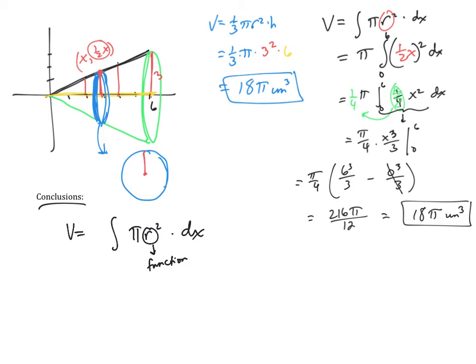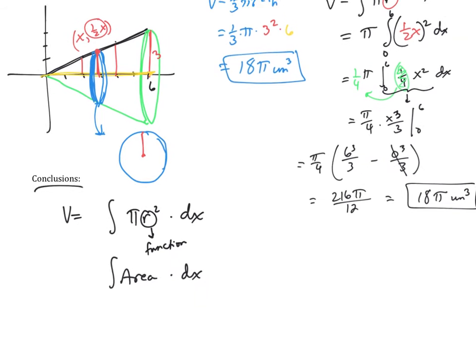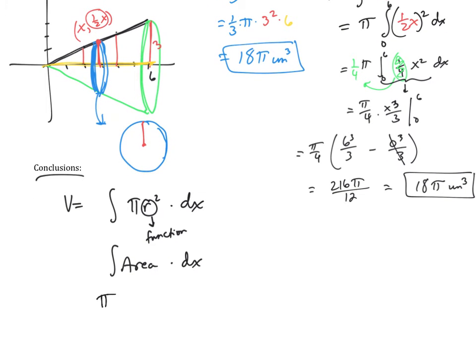Usually that's not just going to be a number. And really what we're doing is area times dx, area of my circle. So we could write that as pi times f of x squared dx, where my radius becomes my f of x. So those are some different ways of expressing this.